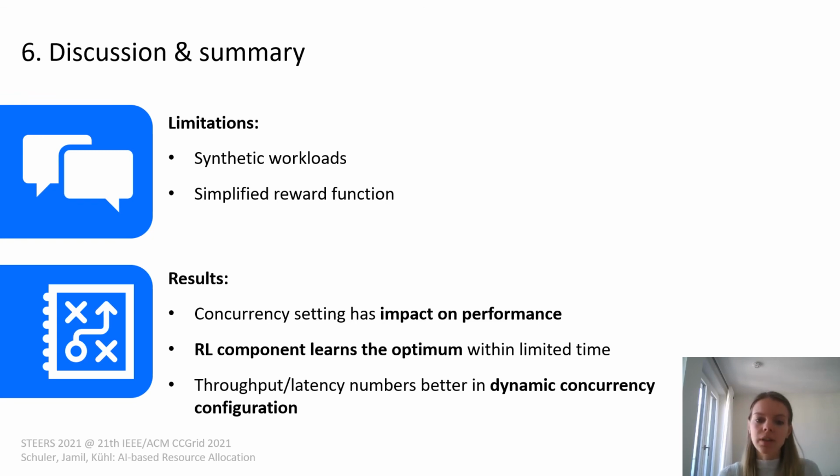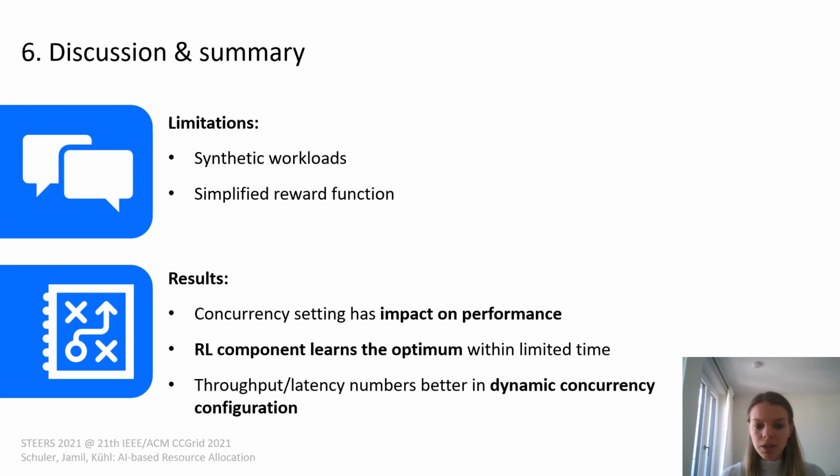However, they give a clear indication that there is some improvement through different concurrency settings based on the workload profile. Second, we used a rather simplified reward function, as already pointed out before. This also definitely has some more potential for further improvement, to even improve the efficiency of the model and maybe even learn good concurrency scaling much faster than we did now in our experiments.